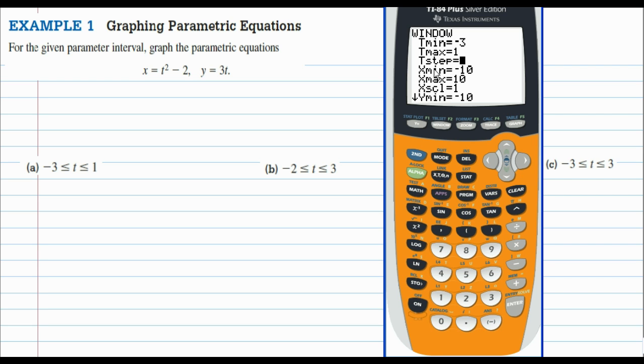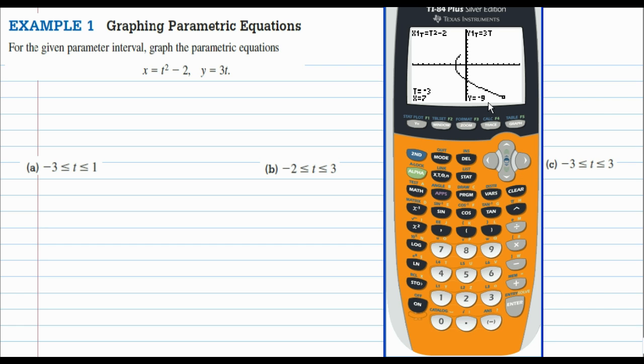So 2 seems pretty fast because it would only calculate -3, -1, and then 1. So let's go to maybe 0.1, slow it down a little bit, and have it calculate every 0.1. Now I'm going to stick with a standard viewing window, my x min and max being -10 and 10, and the same with my y min and max, and see what happens.